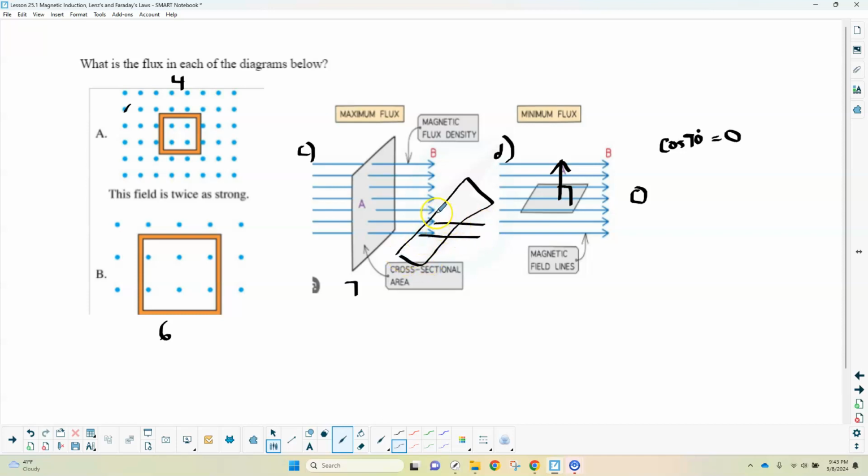And because they're not pointing the same way, the normal to the surface of the area is not the same as the direction of the magnetic field. It is slightly less than it would be in C, but it's also bigger than D because it does have some lines that go through it. Okay, so again it's BA cosine theta. So all those things have an impact.